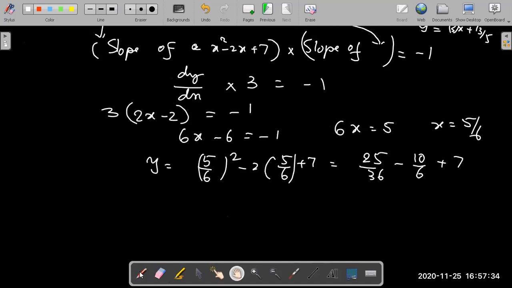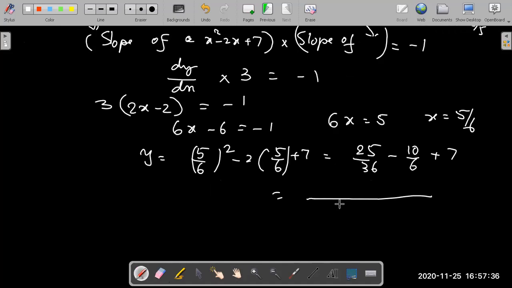If you take LCM 36, you have 35 minus 60 plus 252. So 252 plus 35 is 287. 287 minus 60 is 227. So 227 by 36.